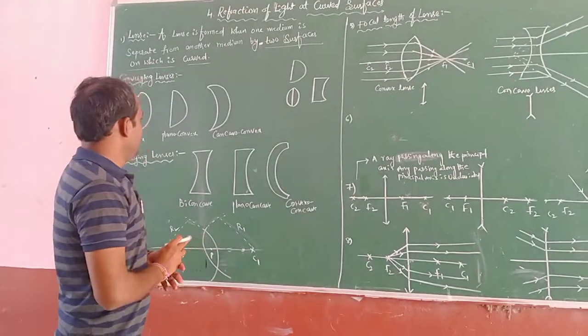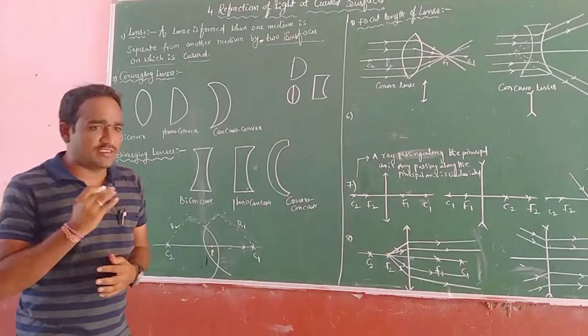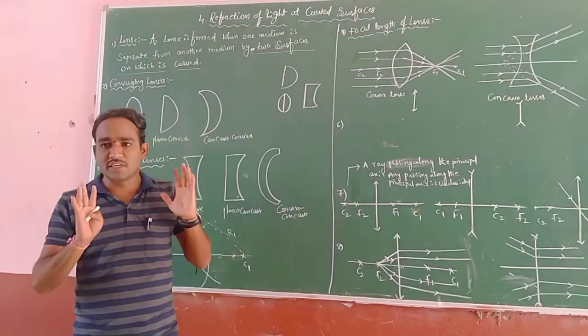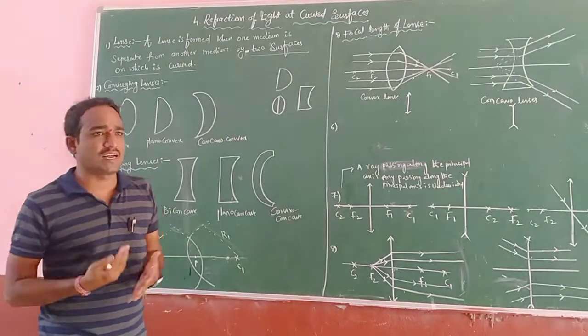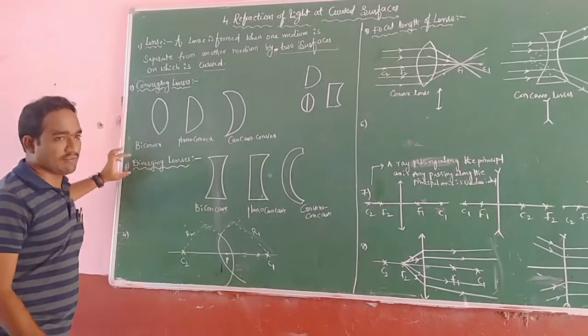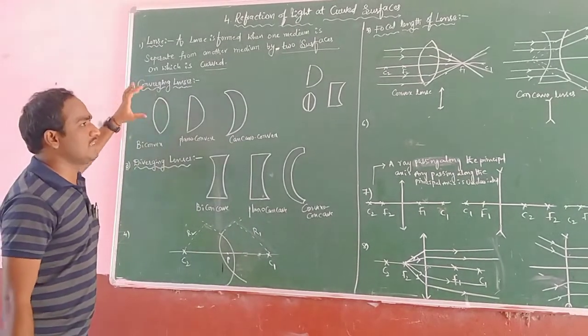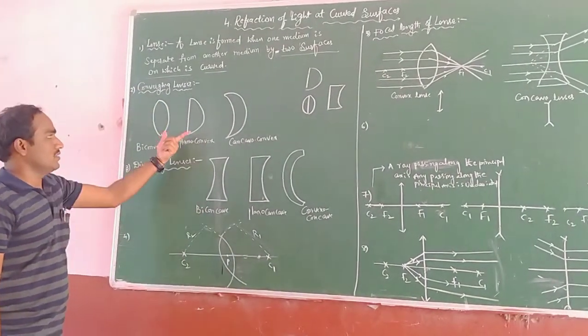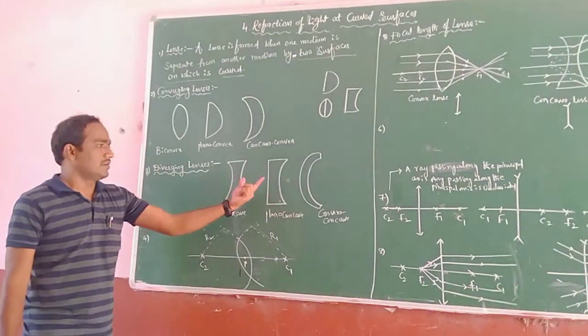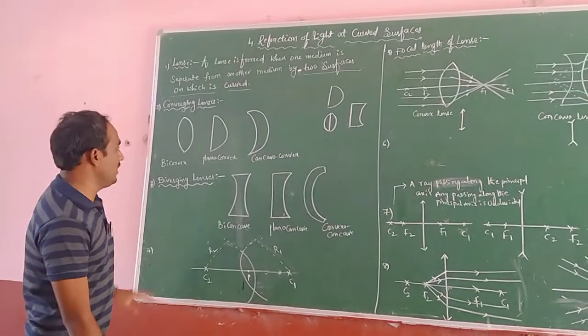See here, different types of lens we have. In this chapter we are discussing six types of lens. What are they? One is converging lens and another is diverging lens. There are three converging lenses and three diverging lenses.